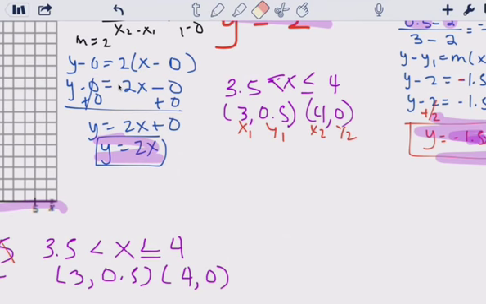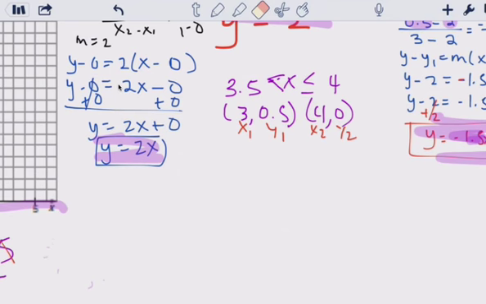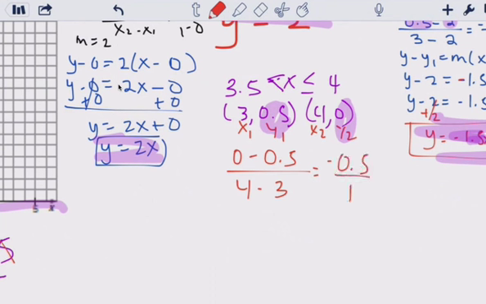I don't have enough room here, so erase that. Alright, so 0 minus 0.5 over 4 minus 3. So that's negative 0.5 over 1.